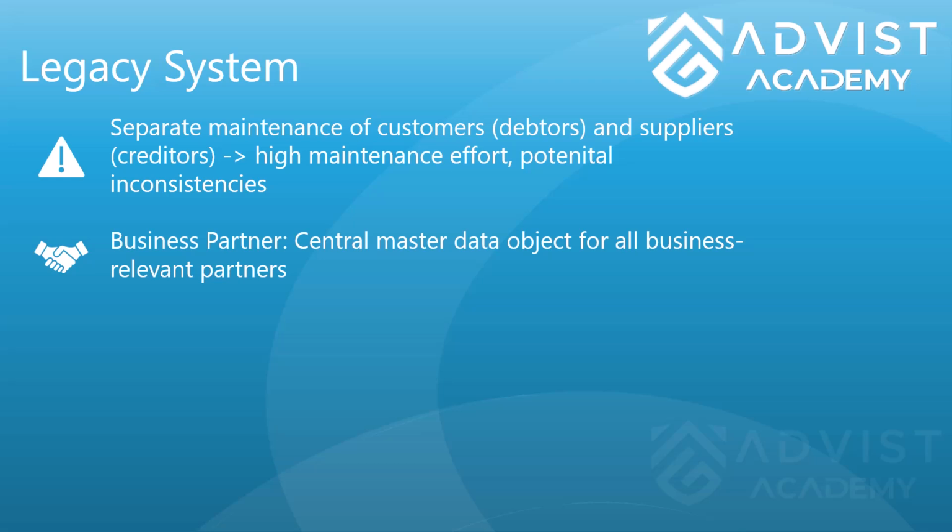Customer-vendor integration ensures that all customer and vendor data is bundled within a single object, the business partner, often abbreviated as BP. The business partner now serves as the central master data object for all relevant business partners, regardless of whether they are customers, vendors, or a combination of both.